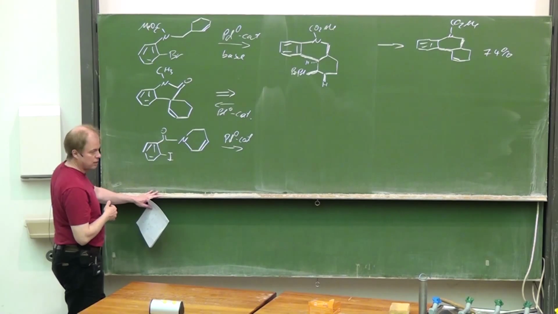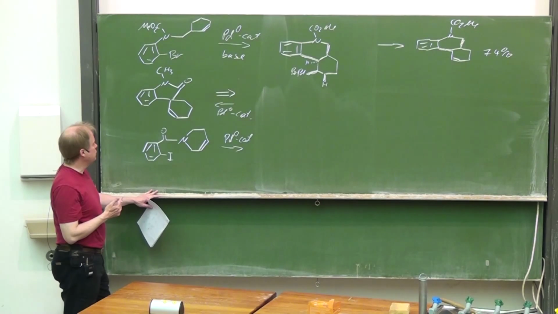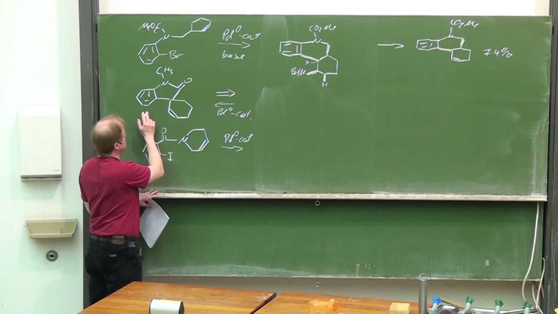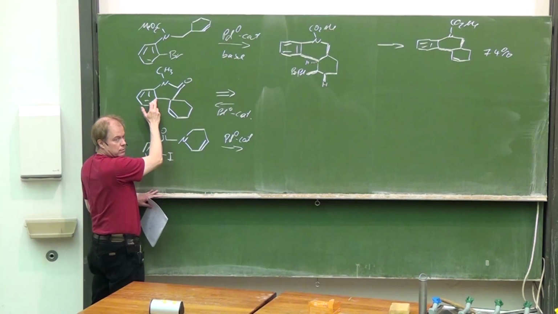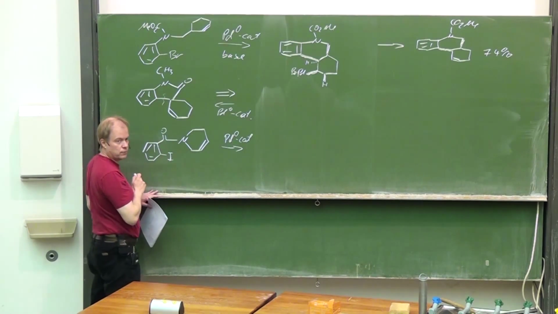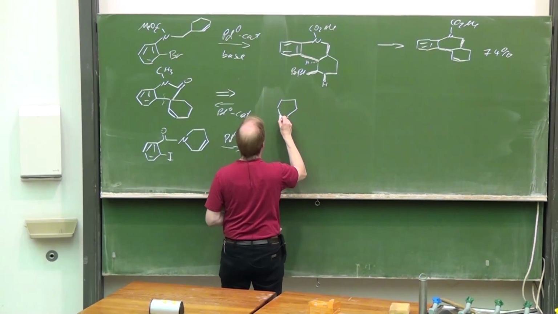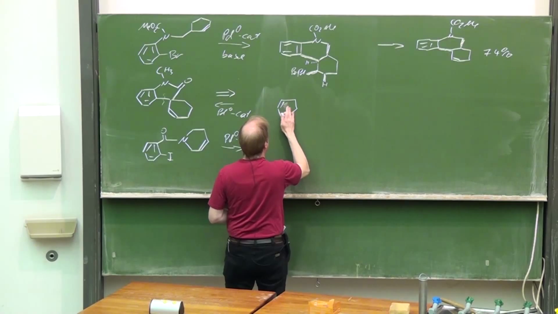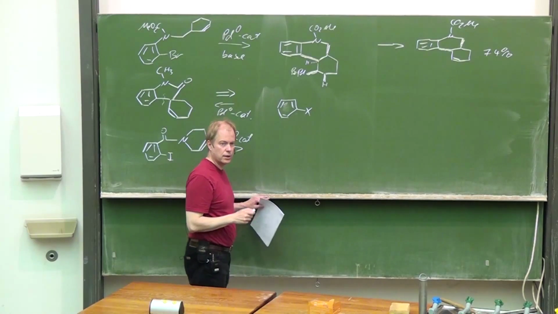Well, Heck type reaction, an aryl or vinyl halide reacts. That means we are forming a CC bond starting from an sp2 hybridized center. This one would be suited, and this bond should be formed, therefore. Okay, that means we should have a functional group here, usually a halide.